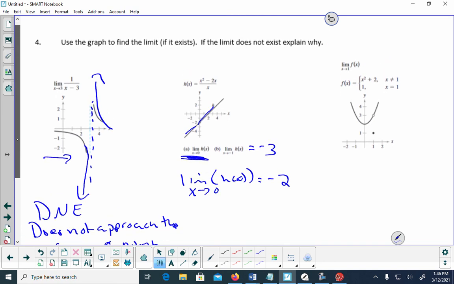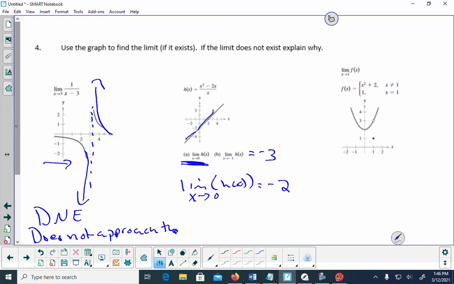Okay, the next one. Find the limit as x approaches 1. As I approach from the left, it looks like it's going to be 3. As I approach from the right, it looks also like it's going to be 3. So this limit's going to be 3. F of 1 is equal to 1. So remember, this is the case where the function doesn't necessarily have to equal the limit.